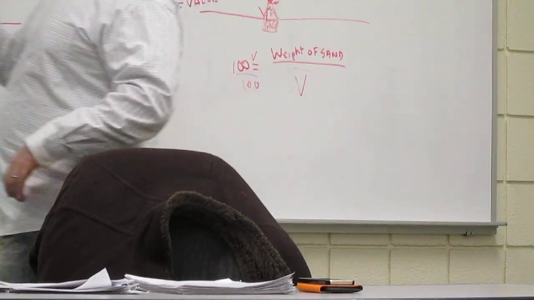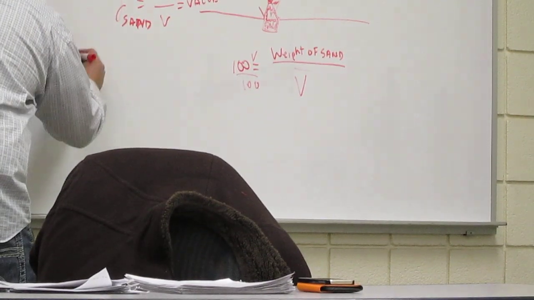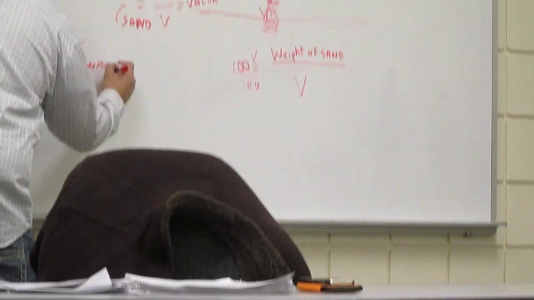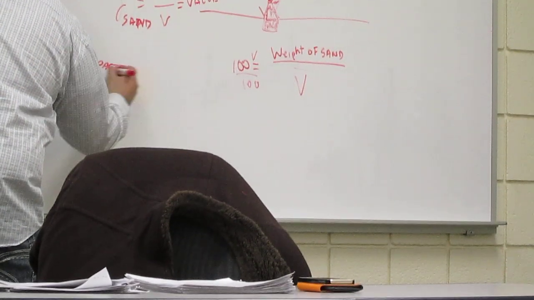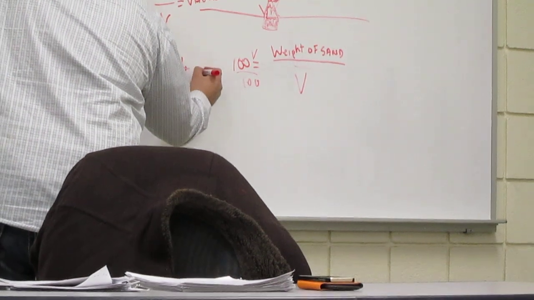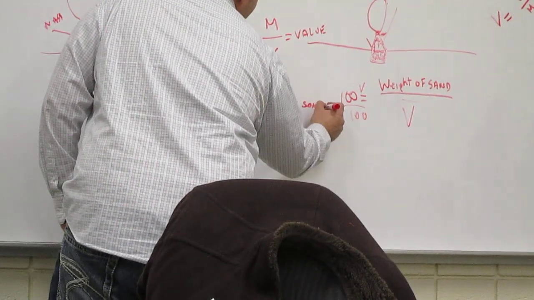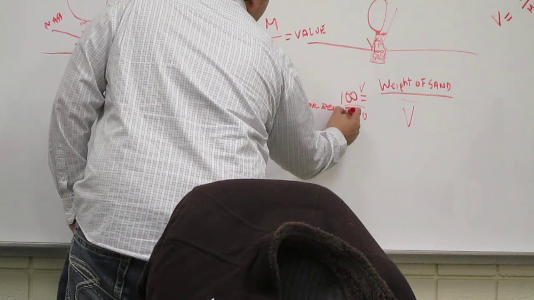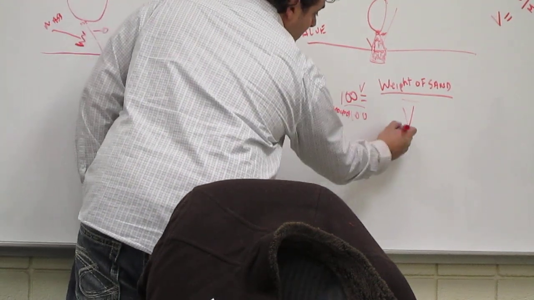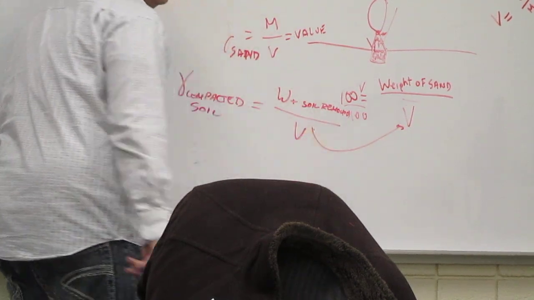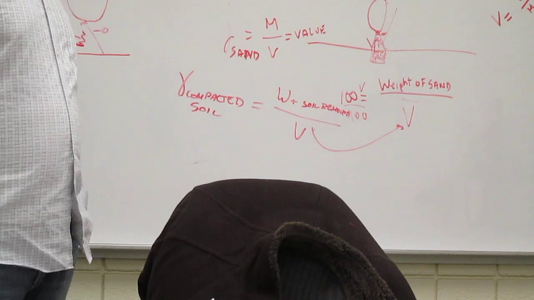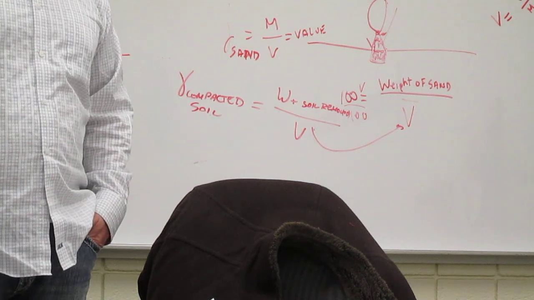So basically, we're going to go back and figure out the density of the compacted soil, which is equal to the weight of the soil removed, not the sand, divided by the volume that we calculated with the sand cone. That takes care of the density.